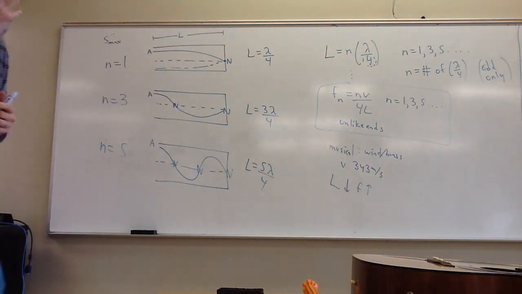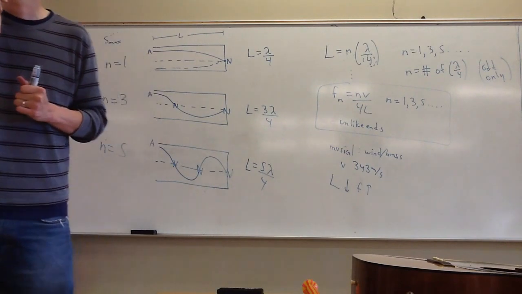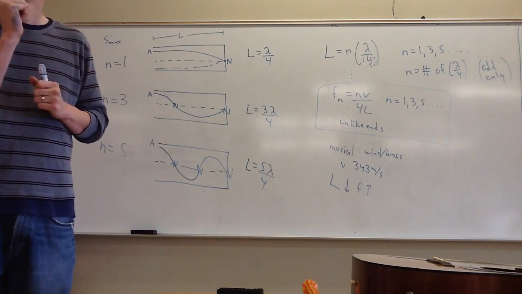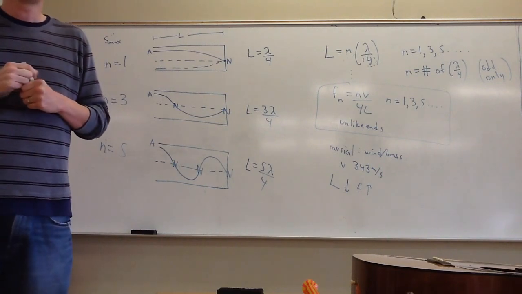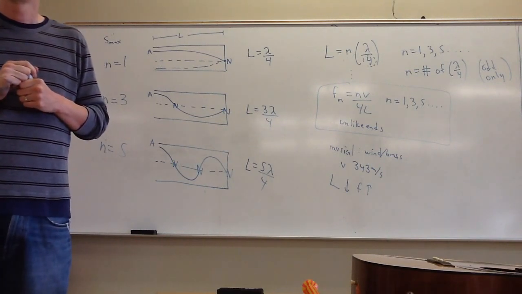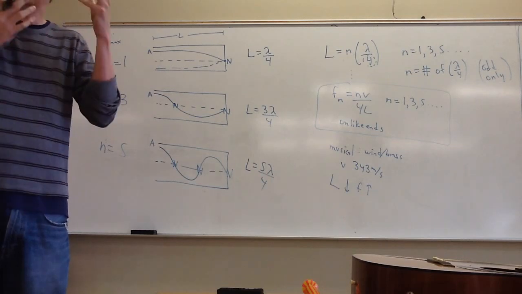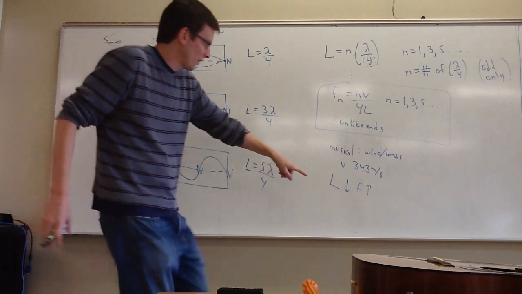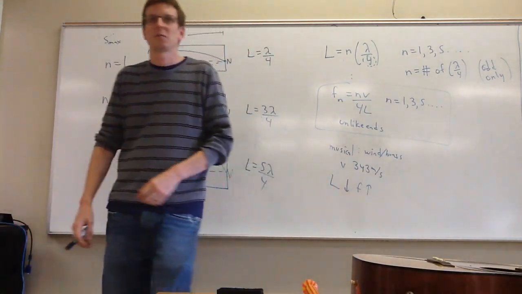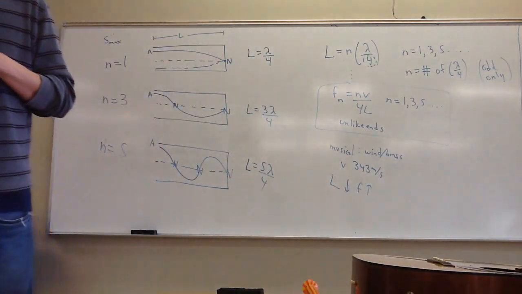To change the effective length of air that you're vibrating. You will, by the way, also find that instruments that play high notes are very short for that reason. A piccolo or those things are very short. The length is small, so the frequency is high. All the instruments that play low notes are very long.